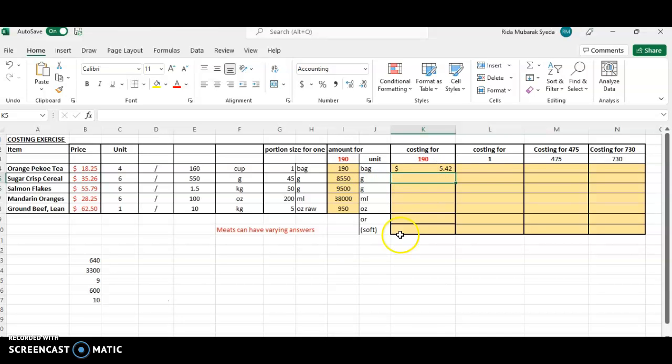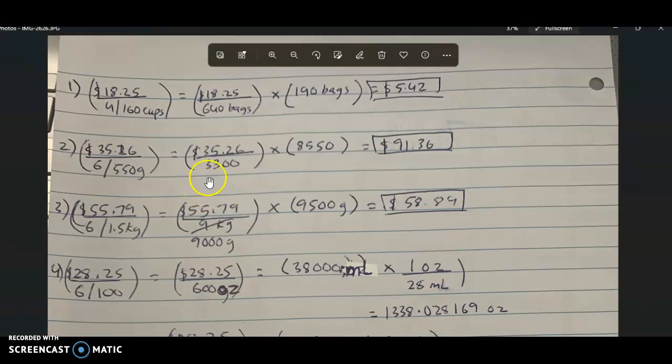So for the next one, it's the cereal. So for cereal, we did 35.26 divided by the unit, which is 3300, times 8550. That's the amount. And we got 91.36.